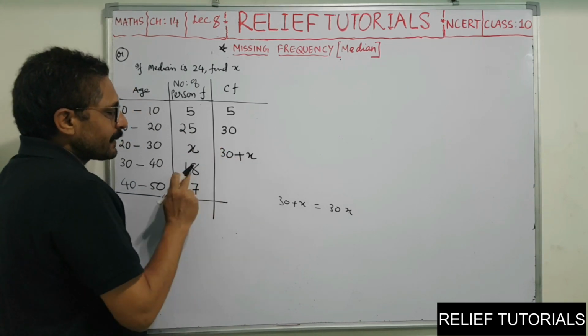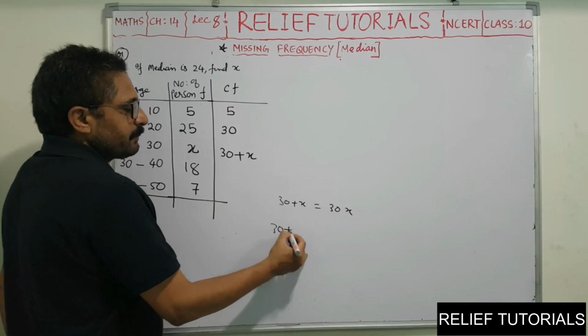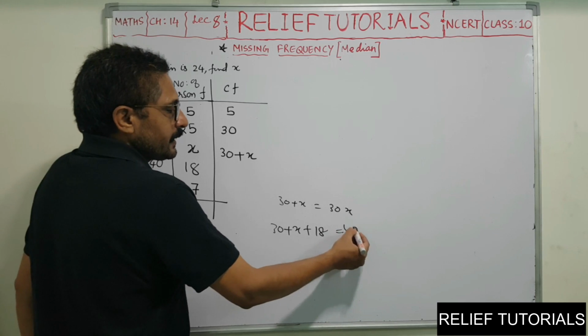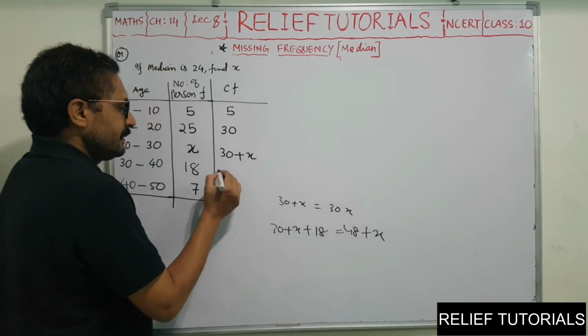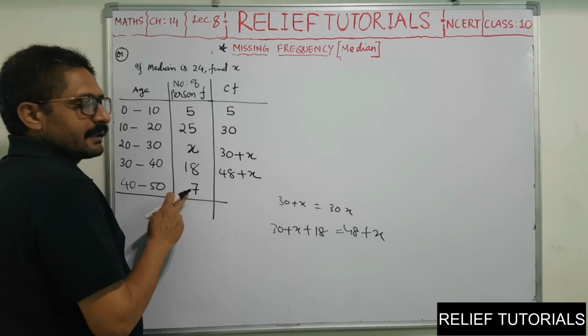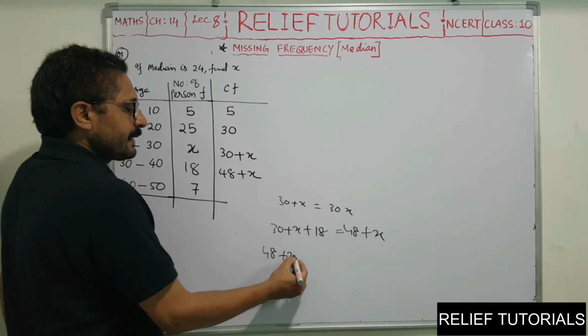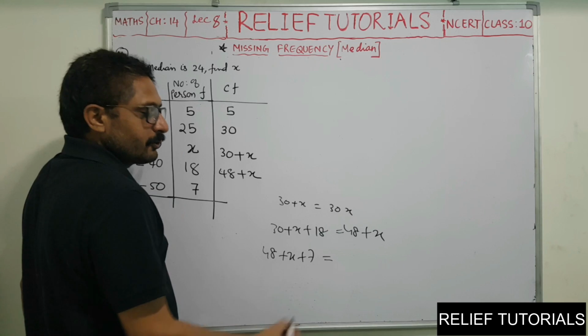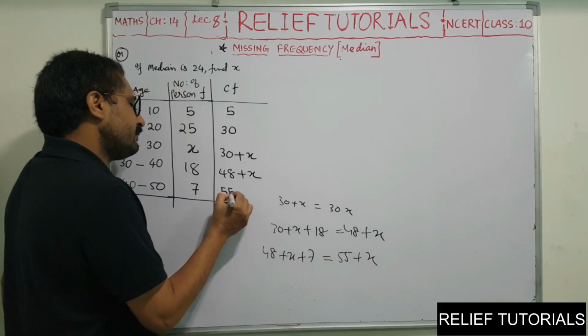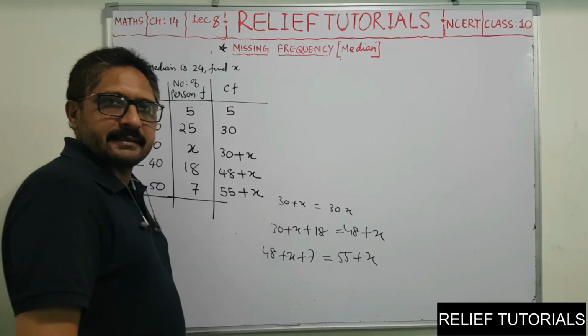Now 30 plus x plus 18, so 30 plus 18 is 48 plus x. Now plus 7, so 48 plus x plus 7 gives 55 plus x. So you write here 55 plus x.